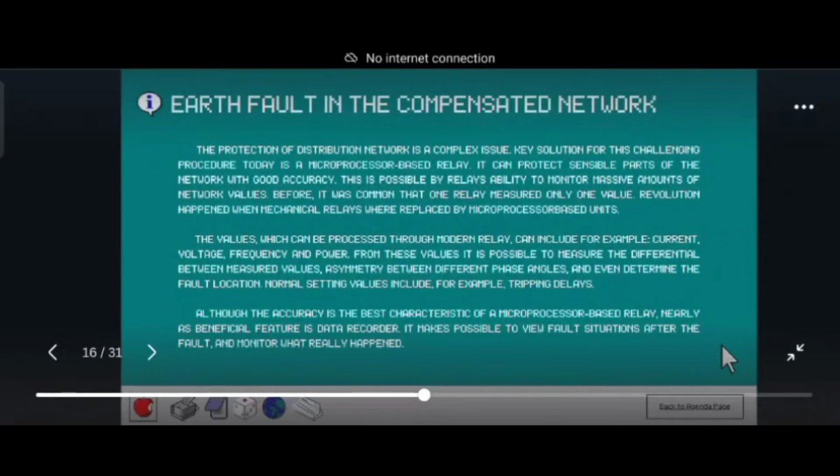Normal setting values include, for example, the tripping delay. Although accuracy is the best characteristic of a microprocessor-based relay, nearly as beneficial a feature is data recording. It makes it possible to view the fault situation after the fault and monitor what really happened.